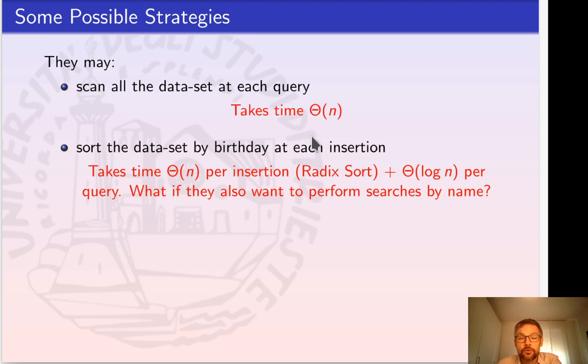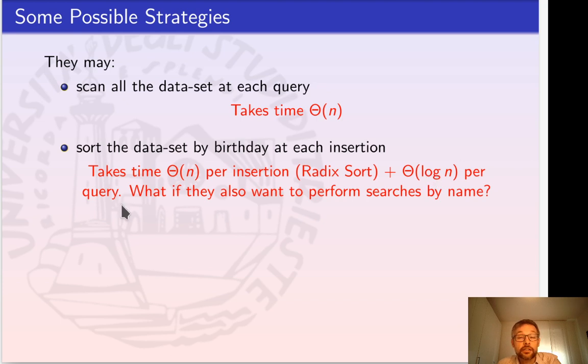And so, going back to the second possible strategy, a possible strategy is to sort the dataset by birthday at each insertion, which, as I said, takes time theta of n per insertion, because we may apply radix sort to sort the whole dataset, plus theta of n per query.